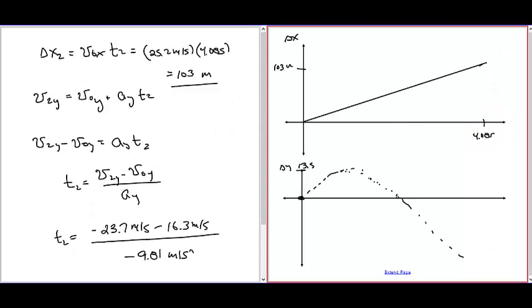Then we come back down through the original height, and then we keep going. And this distance here at the end of the flight is negative 15, right? Negative 15 meters. So the distance from the top of the building to the bottom of the building is 15 meters.